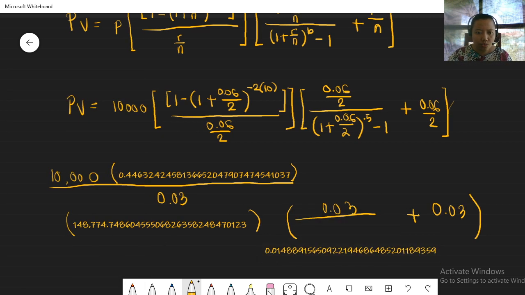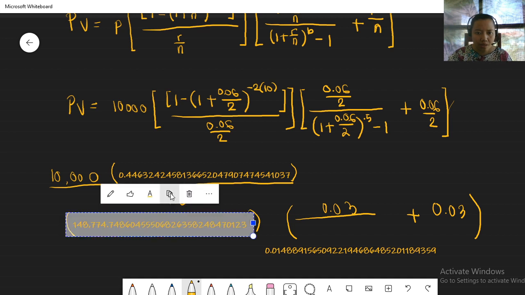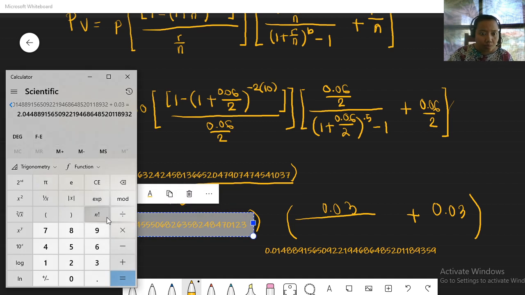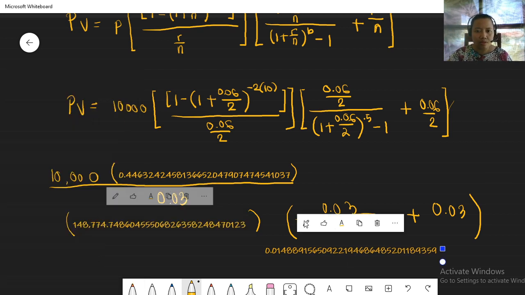And then multiply it with the copied value. The answer is 304,227.87.